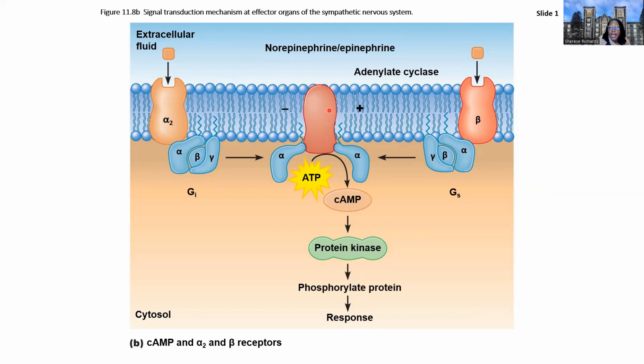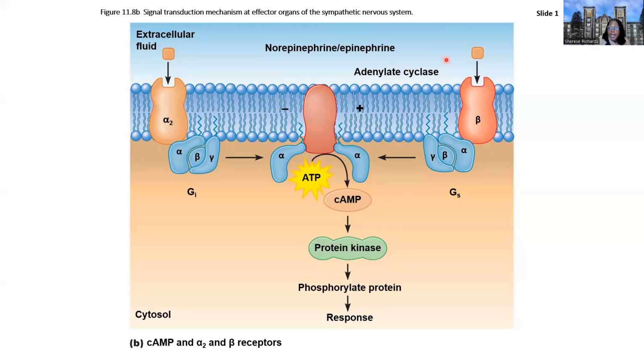And what that results in is a decrease in cyclic AMP, and that is the cellular response. So the inactivation of adenylyl cyclase is what helps to bring about the drop in second messenger, and that is what generates the tissue response for alpha-2 receptors.